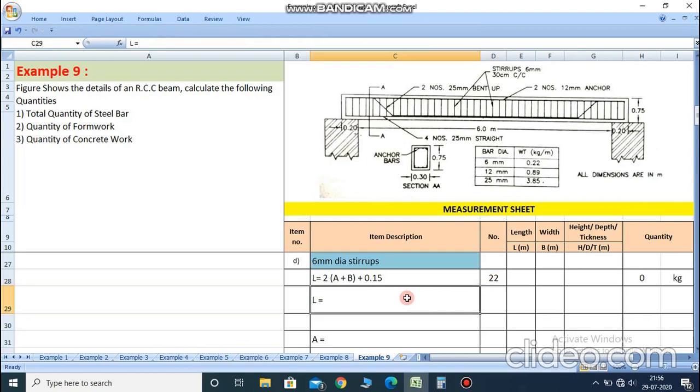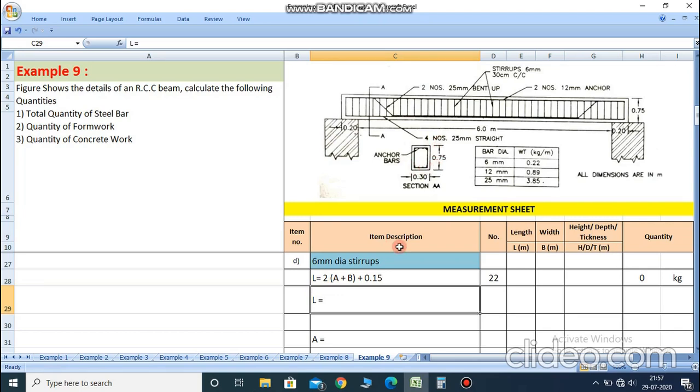Then for finding out the length of the stirrups, we calculate it by this equation: L is equal to 2 times (A plus B) plus 0.15. Here A is the 0.3 side, meaning the length side, and B is the width side.